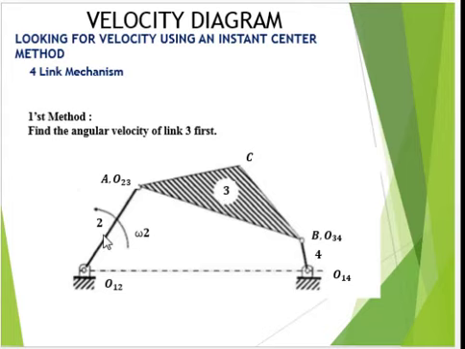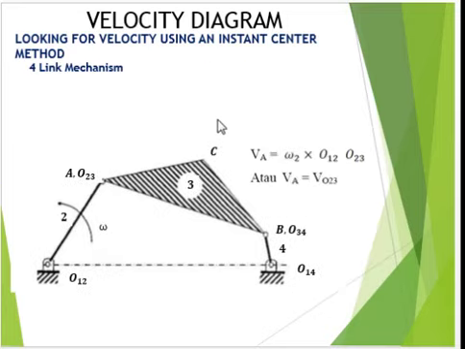The solution of this problem will be done with two methods. In the first method, we must find the angular velocity of link 3. After that we can find the angular velocity at position 4, or link 4.